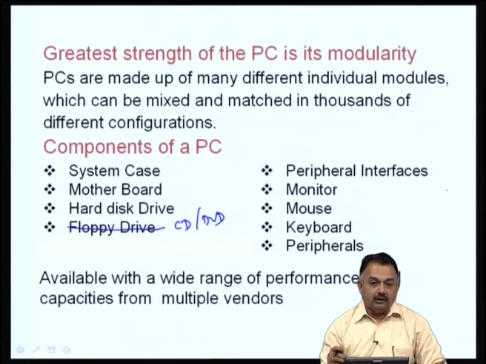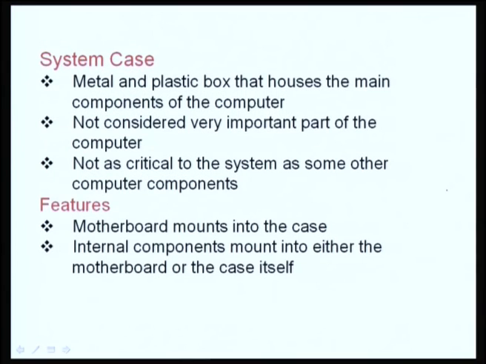So, there is a choice, a wide variety, depending upon what core processor you want to use and what kind of graphics utility you want to use. You can build your own PC or you can order a custom built PC.